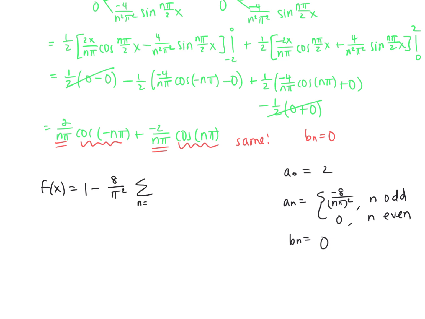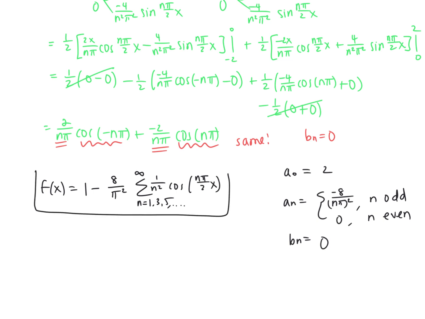The sum, n is our odds only, so from 1, 3, 5, so on and so forth, of 1 over n squared cosine of n pi over 2 x. So the initial piecewise f of x function that we had above will converge to this summation on the right.